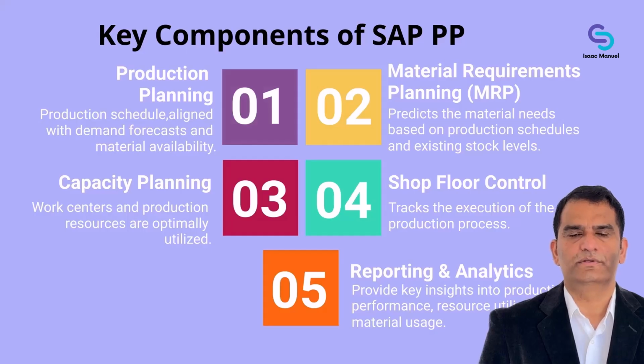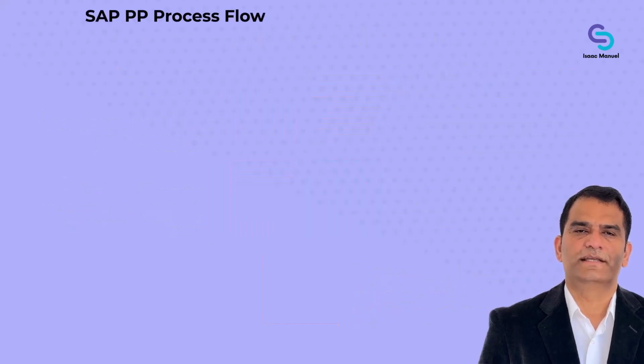Collectively, these components form the foundation of SAP PP, driving efficient and effective production management from initial planning through to final execution. Let's walk through how SAP PP operates in a real-world business scenario, step by step.